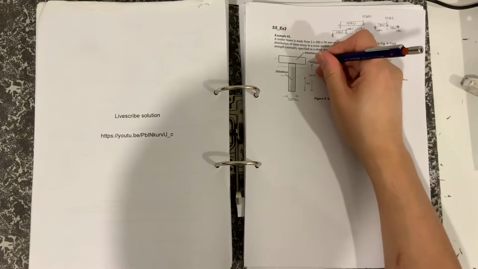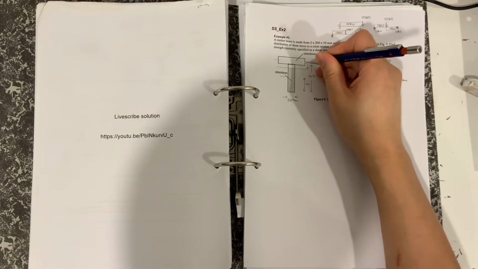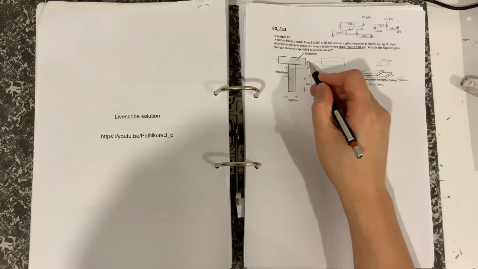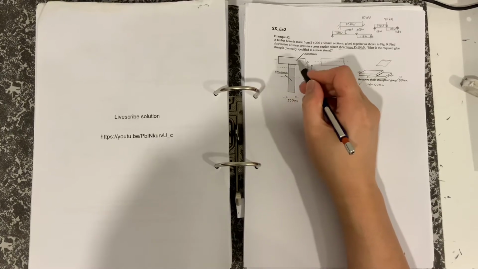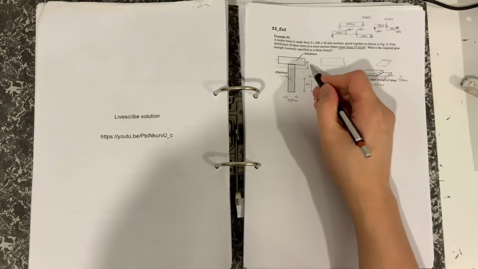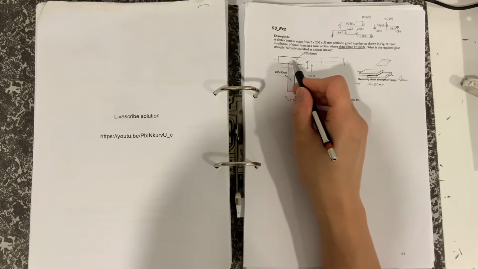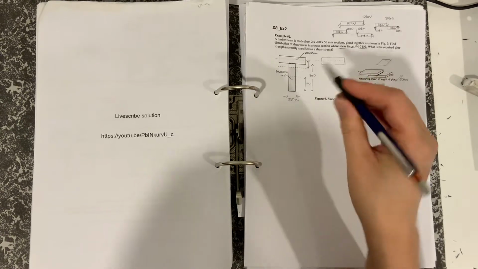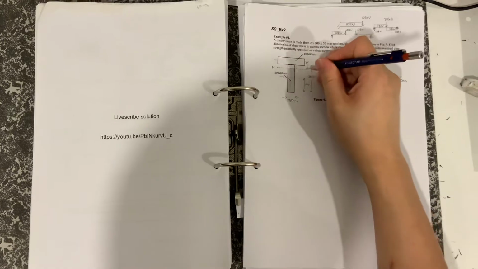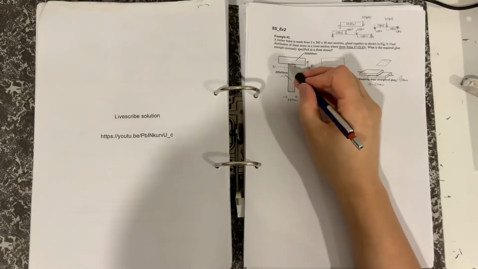And we then need to add on the area, which would be 200 times 50, multiplied by that distance. That distance would be the position of the neutral axis of the top bit to the neutral axis of the compound section.